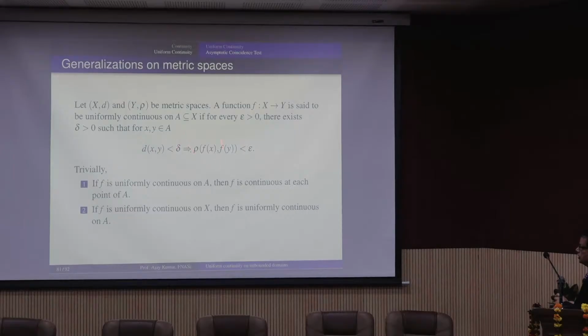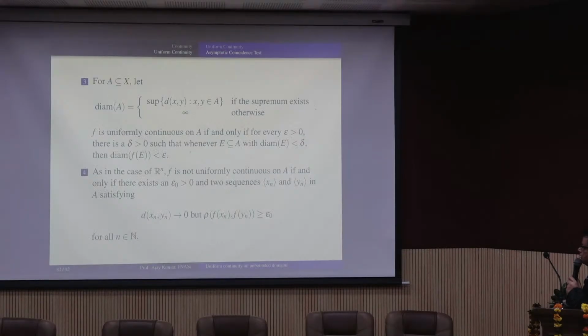So all the properties which were there on R or R2 one can do in metric spaces. If f is uniformly continuous, then f is continuous at each point. If f is uniformly continuous on X, then it is uniformly continuous on A.